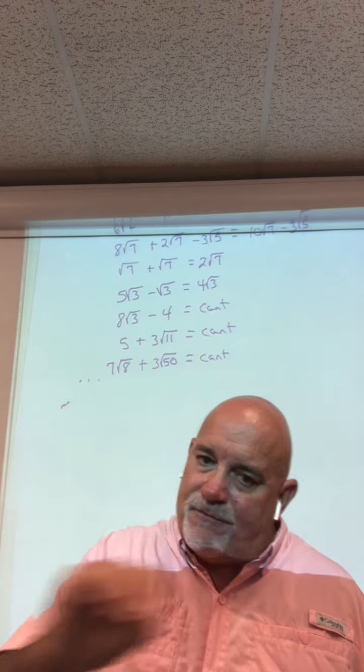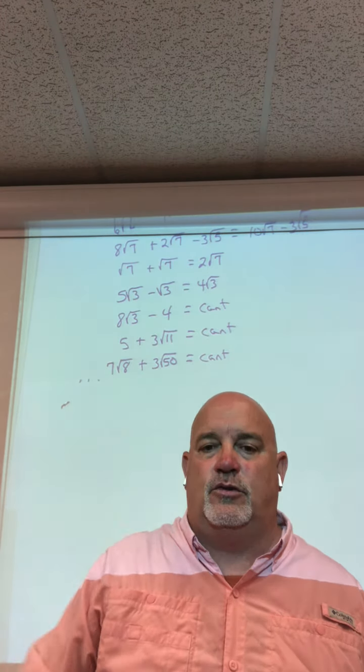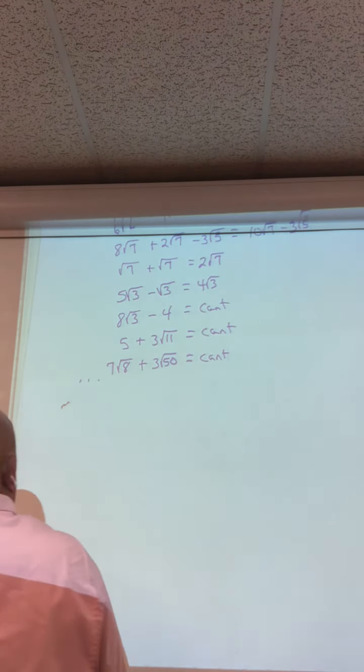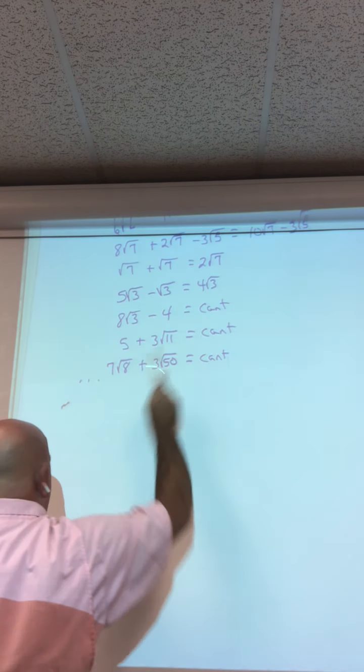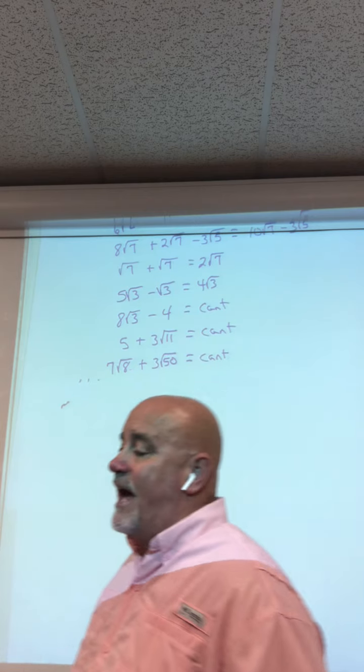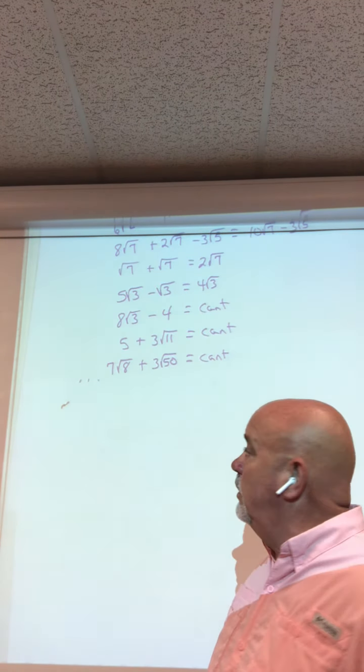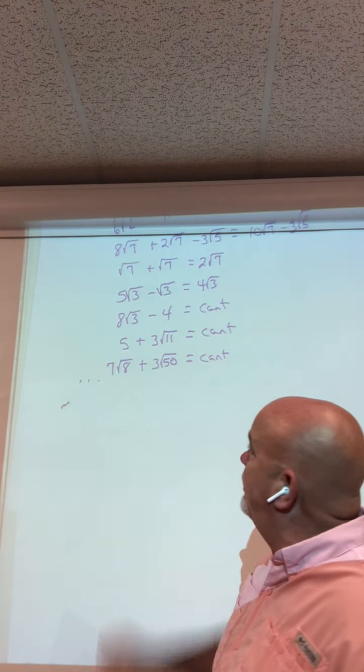Don't ever leave a final answer where one of your radicals will reduce. So, you are correct. Square root of 8 plus 3 square root of 50 cannot be added together. But what I've got to do is make sure that these 2 radicals are reduced.